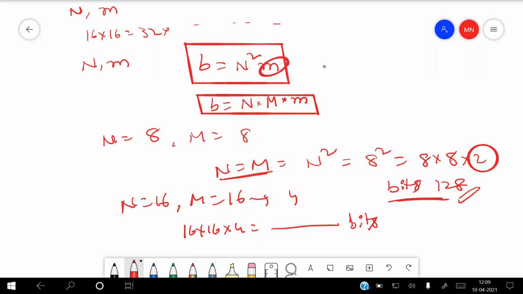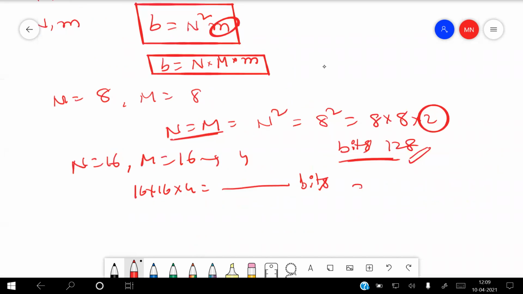Sir, but you said that the gray level should be between 0 and 1, no, sir? An 8-bit image means 2 power 8.